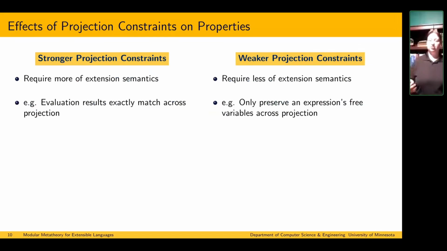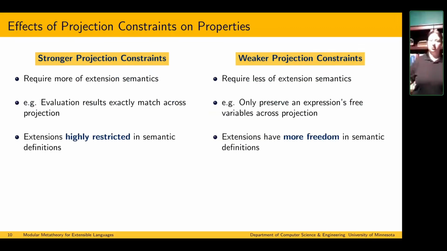So contrast a projection constraint saying that evaluation results have to match exactly across projection versus one that says an expression and its projection only have to have the same free variables. In the former case, the semantics introduced by extensions have to be very similar to those that are already present in the host language. Or in the latter case, the extensions can be more different from what the host language introduces.